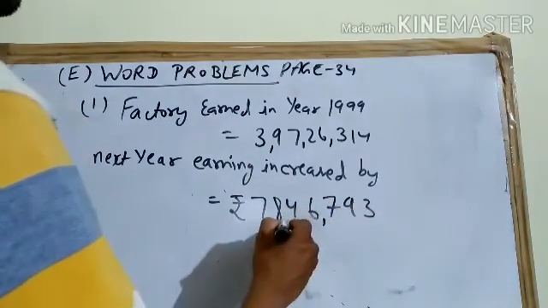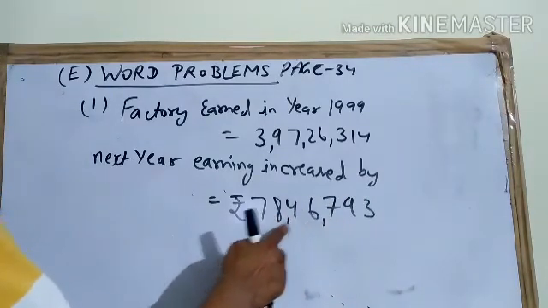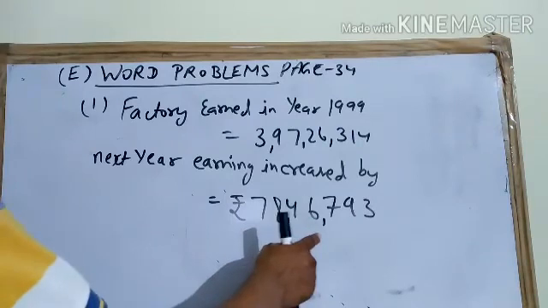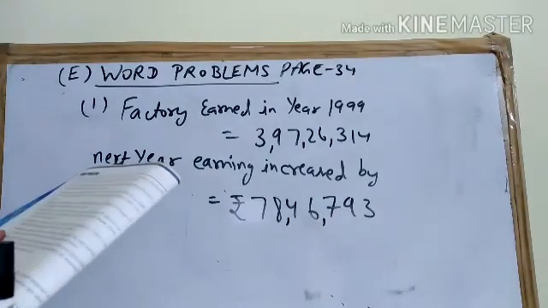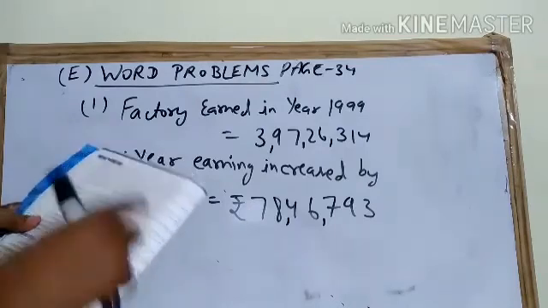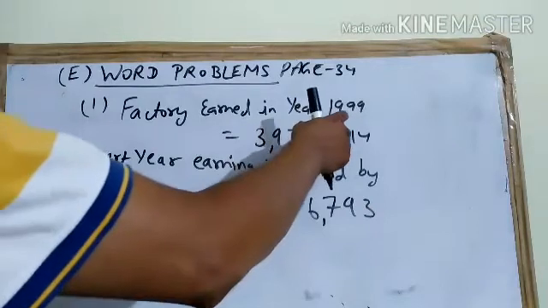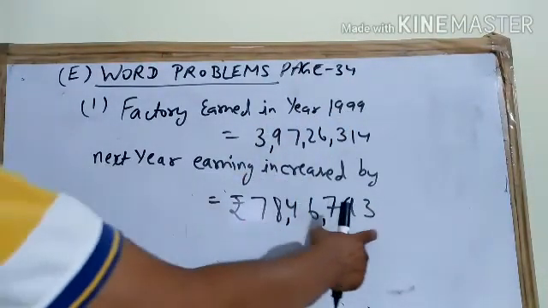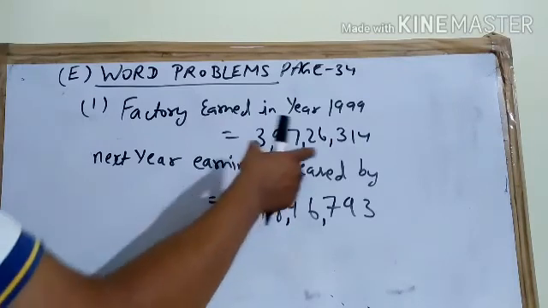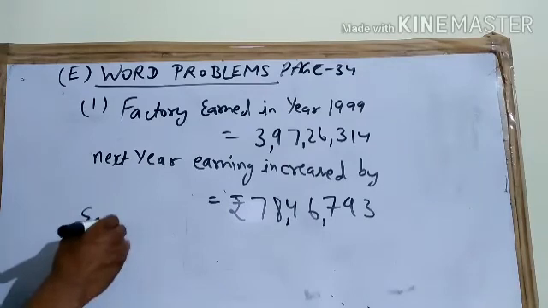So if we count them, ones, tens, hundreds, thousand, 10,000, lakh, 10 lakh, 78 lakh 46,793. So for both the years we have to count that, and then we have to tell how much did the factory earn in year 2000, because after 1999 we get year 2000. So in the year 2000 this was the increase, so we can get the earning of year 2000.